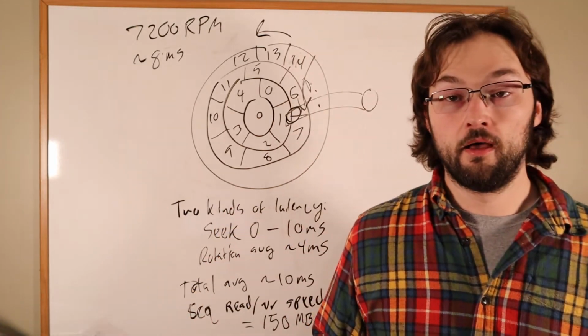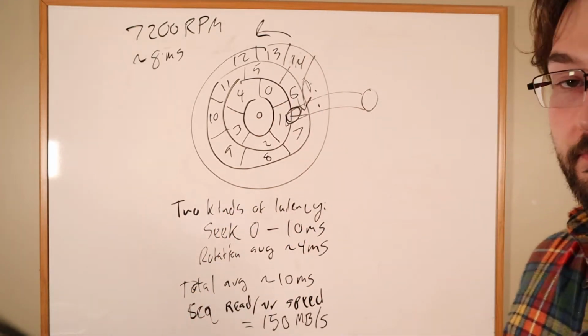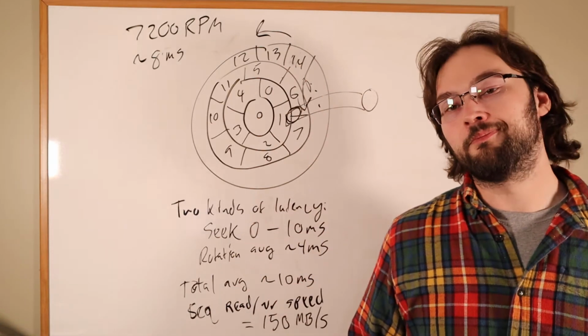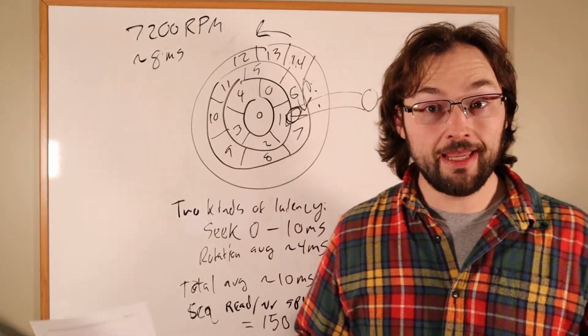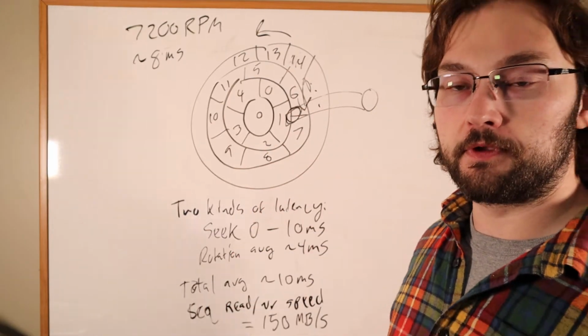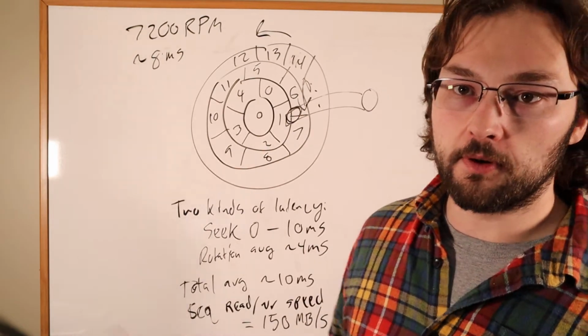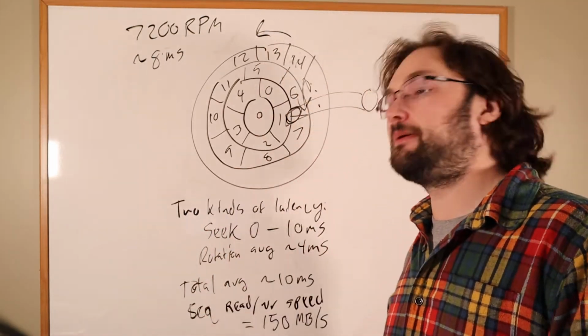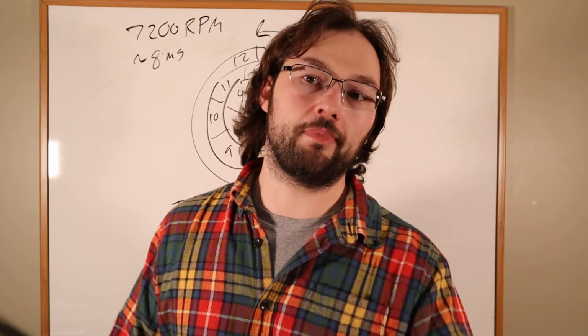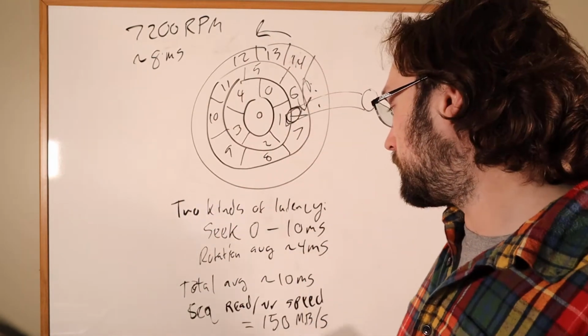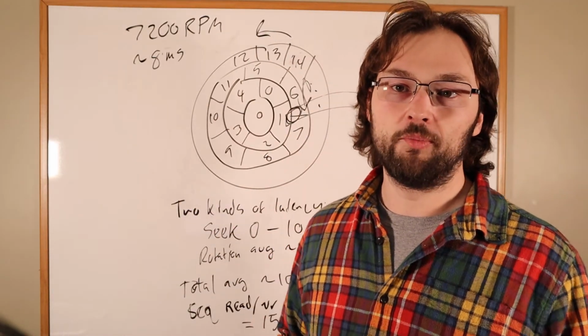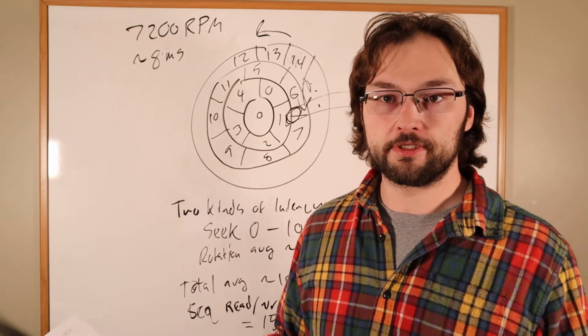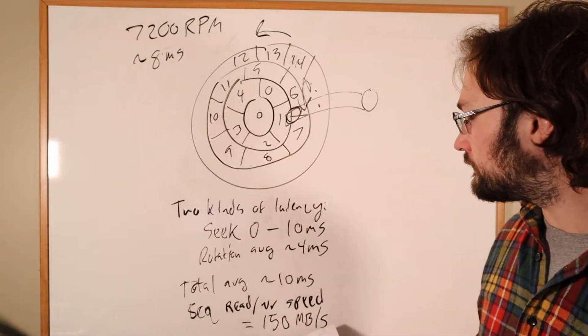Now, 150 megabytes per second is kind of slow compared to what an SSD will do. This hasn't even really changed in the past 15 years. That's what the number would have been in 2002. That's what the number is now. Maybe you can get one that goes 200 now. Maybe it would have been expensive to get one that went 150 then. But it's not like most of the other components of computers where this is drastically improved.